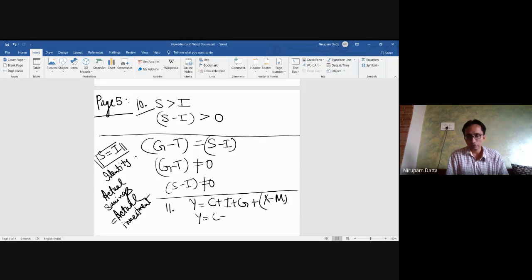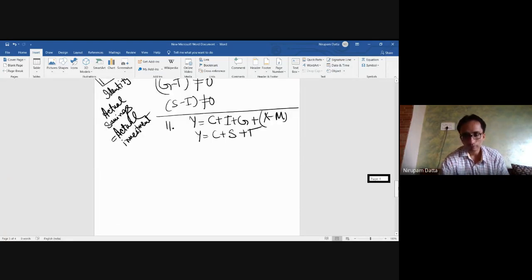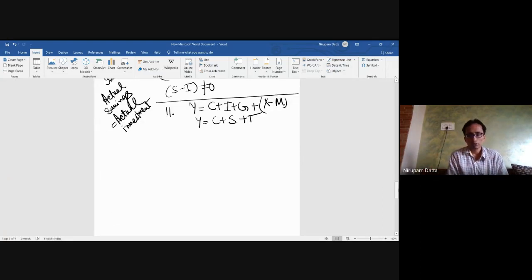By the income method, C plus S plus T. So equate both sides: C plus I plus G plus X minus M equal to C plus S plus T. Fine. C cancel each other out.